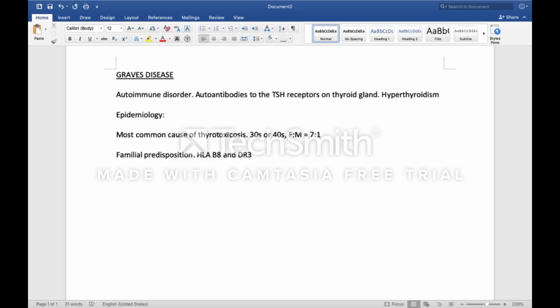Okay, and one general concept which I always tell when I give lectures is that anyone who has one autoimmune condition is predisposed, or has higher chances of other autoimmune conditions as well. What are the common autoimmune conditions you must remember?